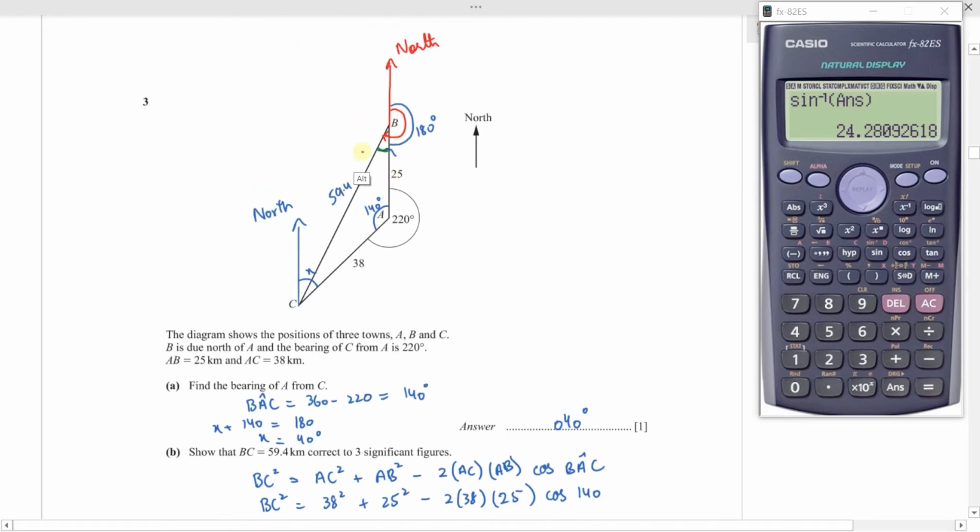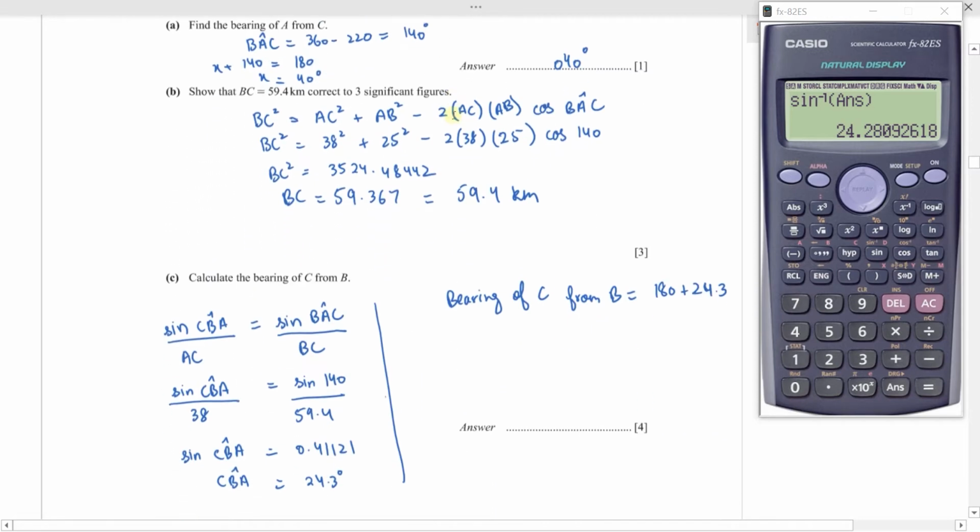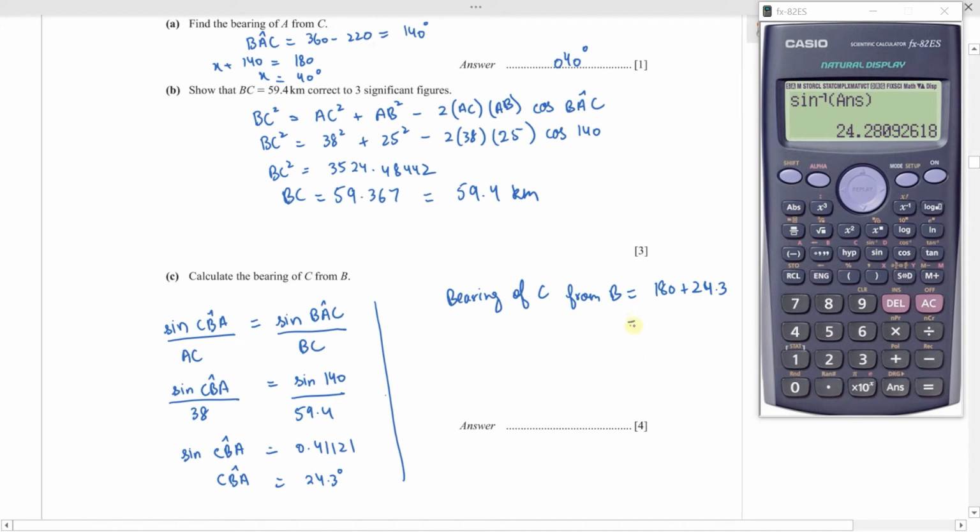Let me write this here, 24.3 degrees. So this is 180, this is another 24.3. So the full red angle, which is the bearing, is 180 plus 24.3. So this here will be 204.3 degrees. So your answer here will be 204.3.